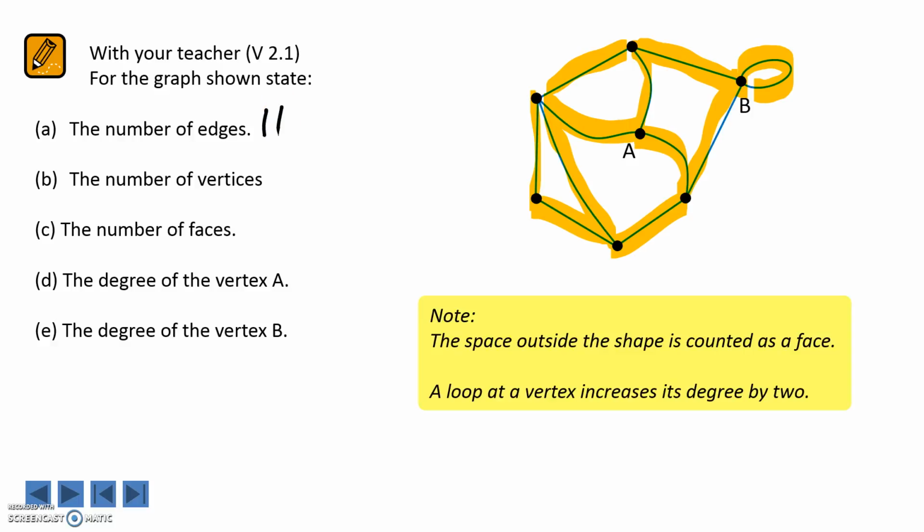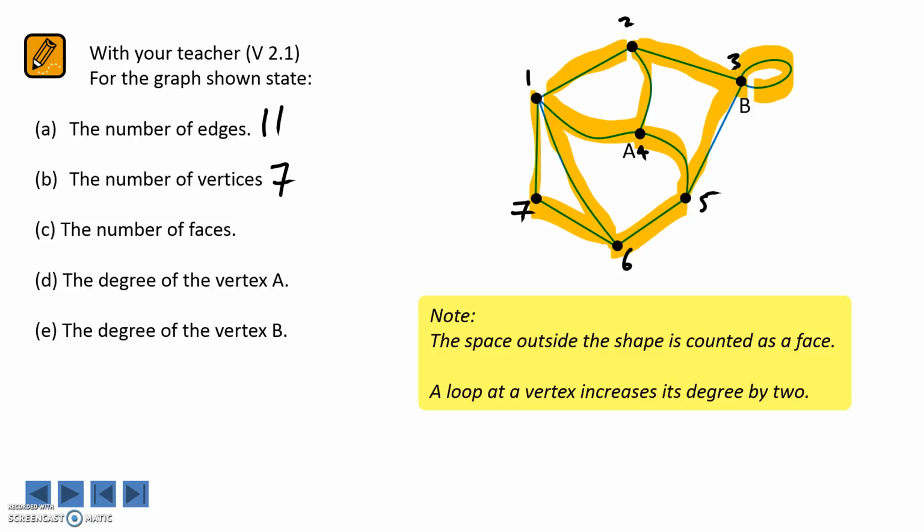The number of vertices. Remember the vertices are our little dot points, so you could count them: 1, 2, 3, 4, 5, 6, 7. The reason why I'm writing them down is so I know that I've counted it. The number of faces.